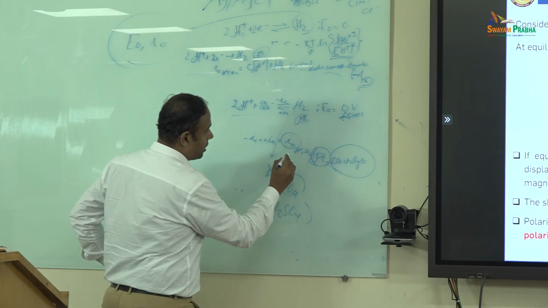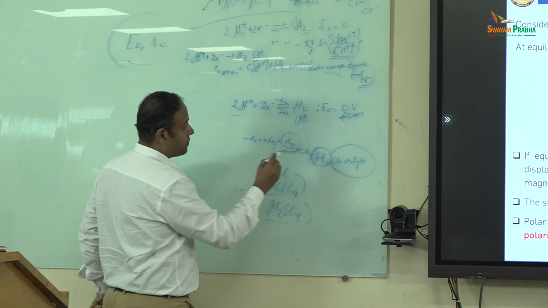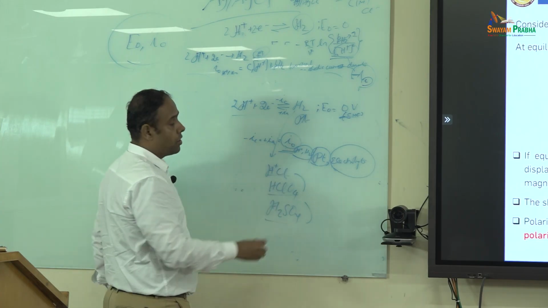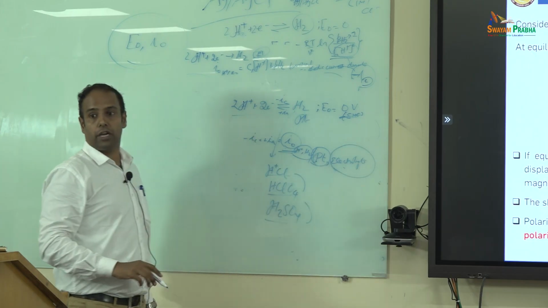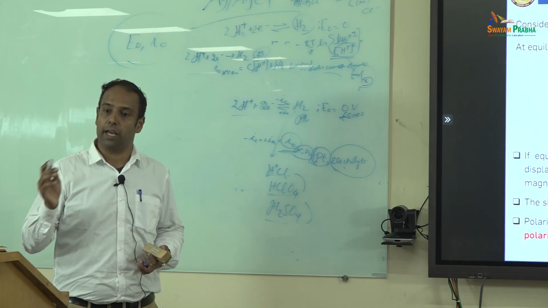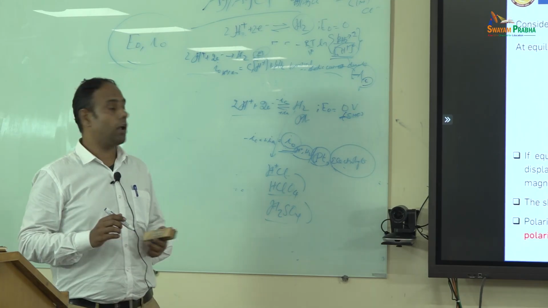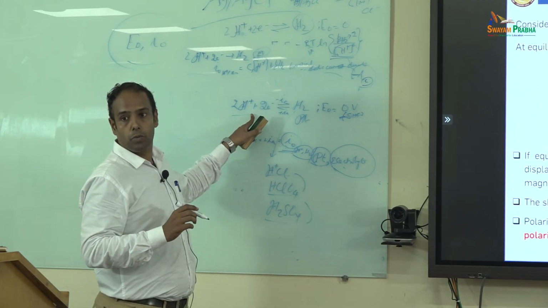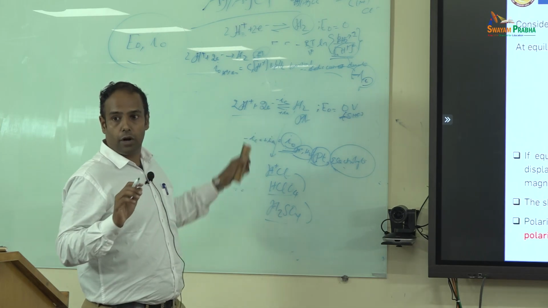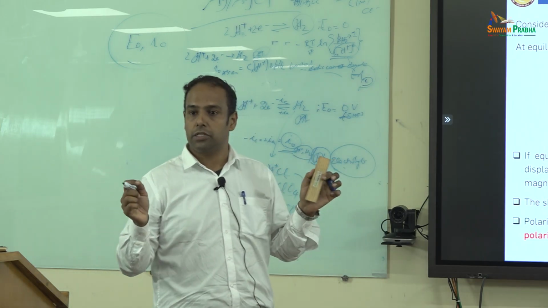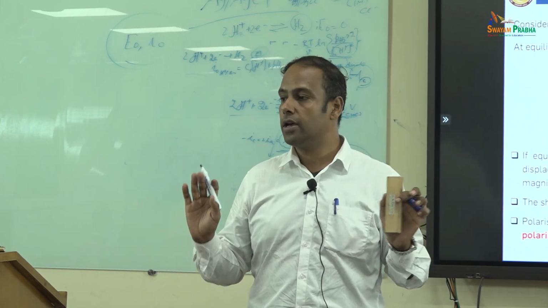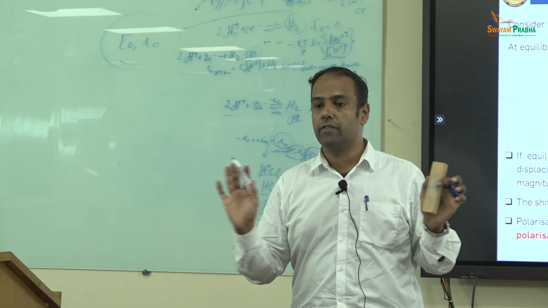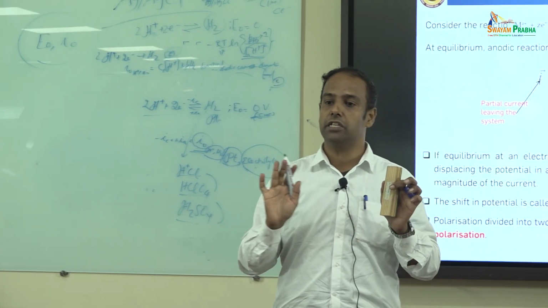In other words, you have to be very specific about what reaction I am talking about, on what surface, in what medium, and what the purity or temperature is. This will all change your I naught value. And what is the I naught value? Just like you have switched on the engine, the engine is just hot now. The car has not moved anywhere. The reaction is in reversibility, or the redox reaction is in equilibrium.